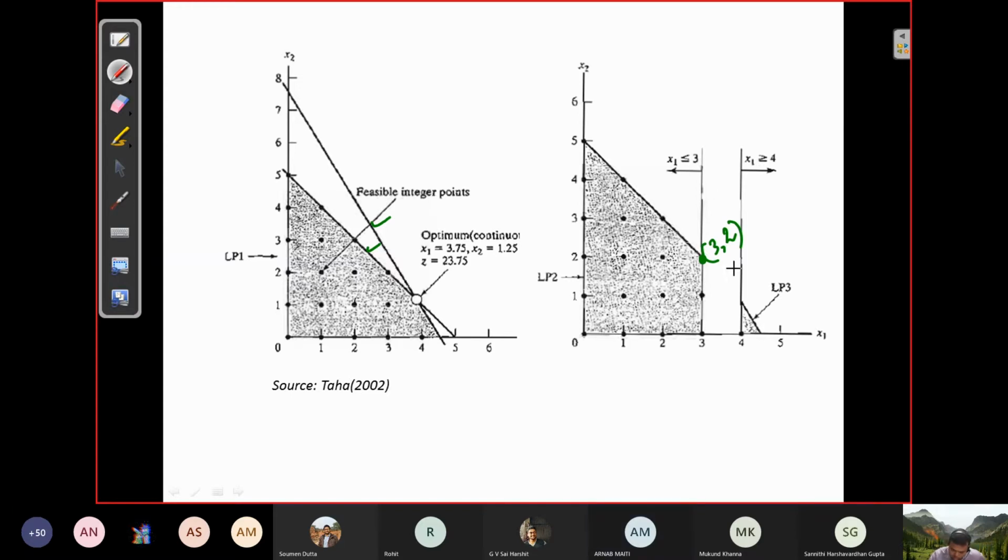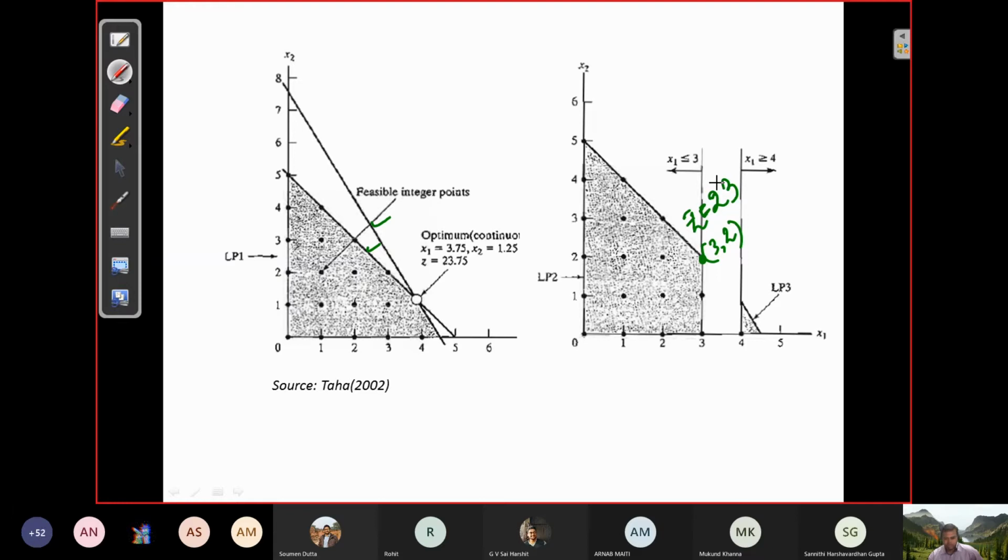Yes, sir. So this is an integer feasible point, and of course optimal for LP2. So we get Z equal to 23. Now when you have this situation, we call it pruning of a node. That means you do not divide the problem space further.